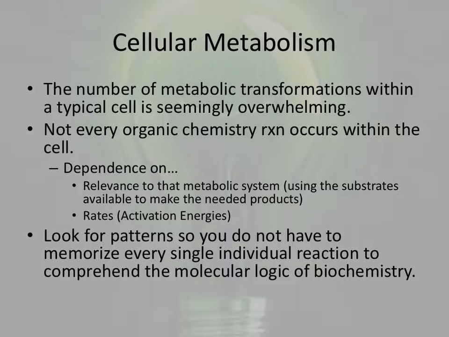So for cellular metabolism, if we just looked at that single cell, the types of reactions there are overwhelming, right? There's so much that can go on. So don't sit there and memorize every single thing. I want you to understand the patterns and use the logic behind it to figure out, okay, pyruvate kinase, which is one of the enzymes you're going to be learning about soon.